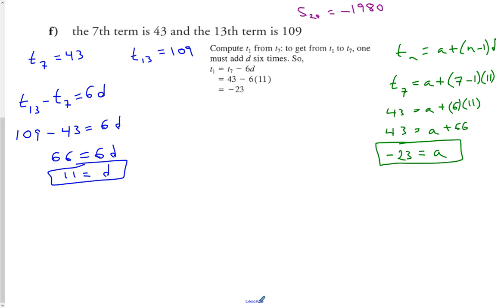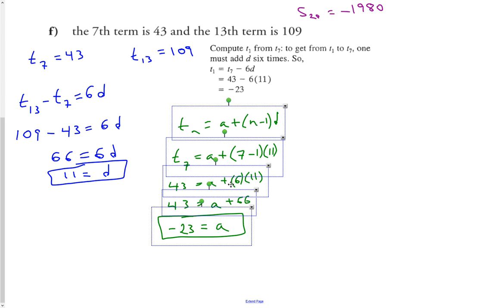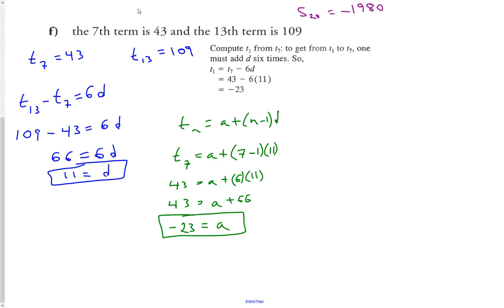So let's get ourselves a little more room here on the page. And I guess I'll do that in purple. I have a lot more room here in the middle, so I'll grab all this beautiful stuff and move it over here. And then I'm going to do it on the side. So we're going to use our formula to figure out the sum now that we have all this other information.